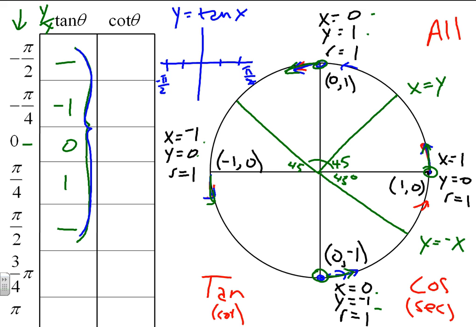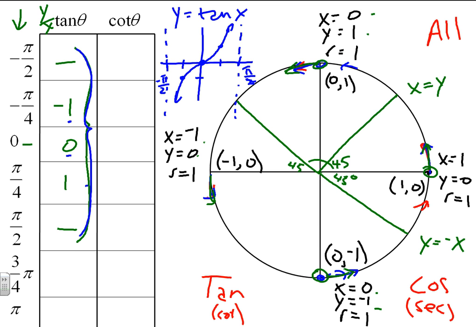At negative pi on 2, we have an asymptote. At pi on 2, we have an asymptote. At negative pi on 4, we're down 1. At 0, we're 0. And at pi on 4, I'm up 1. Well, that gives me a pretty good idea what our curve looks like. Okay, so I like working tangent from negative pi on 2 to pi on 2.